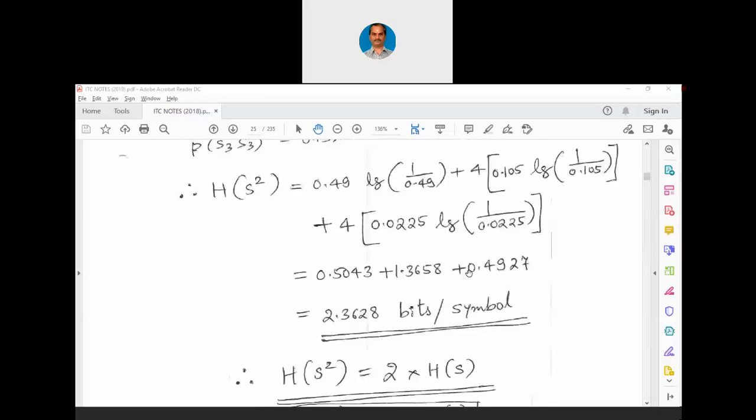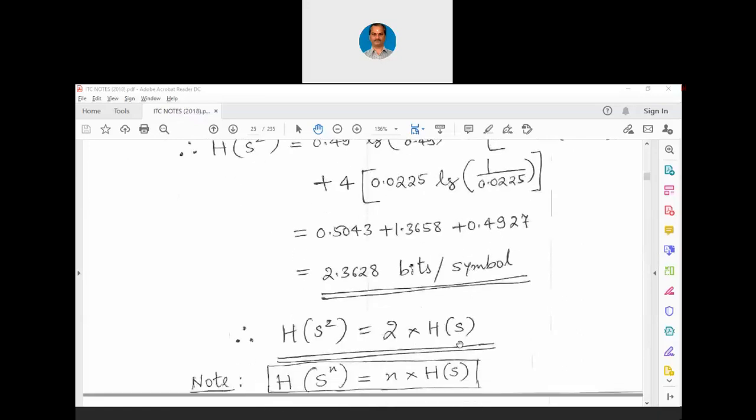So then H of S square is 2 into H of S. This is proved by means of one particular exercise. So in general, it can be derived that H of S power n is n into H of S. It means when an information source's symbols are combined together and the extension is performed, the information content is increased by the number of extensions.